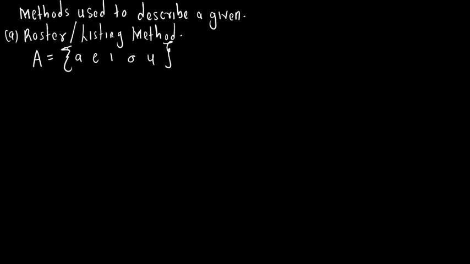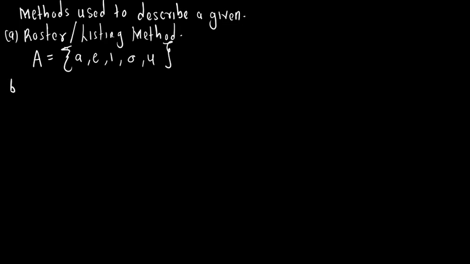If these are the members of set A, then they have to be separated by commas. By separating them by commas, you have just listed the members of set A. Therefore, that is how the roster or listing method applies.